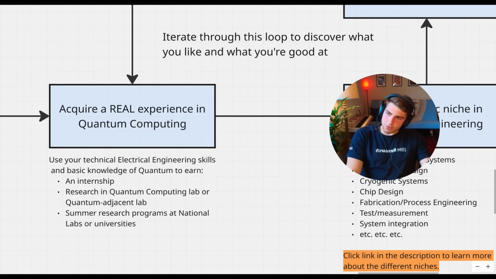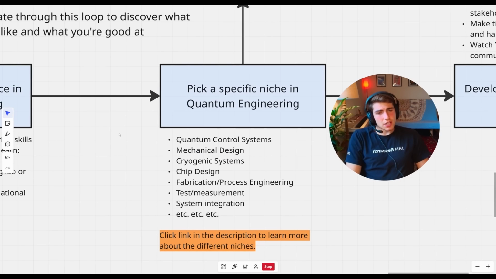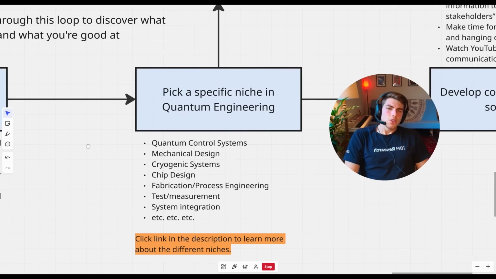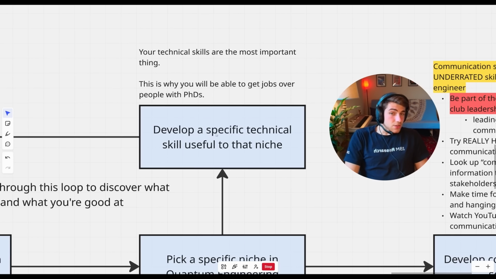I learned a little more about the physics, and more about the control and the infrastructure around the quantum computer. Then I started developing a niche, like, okay, this control systems, electrical engineering infrastructure sounds kind of cool. So I started developing skills in that niche.